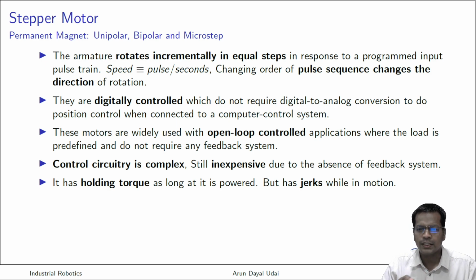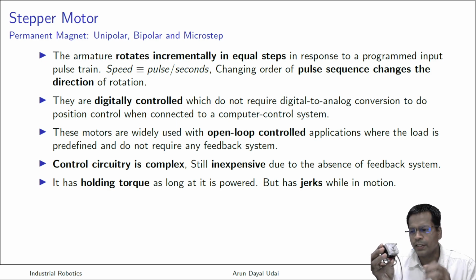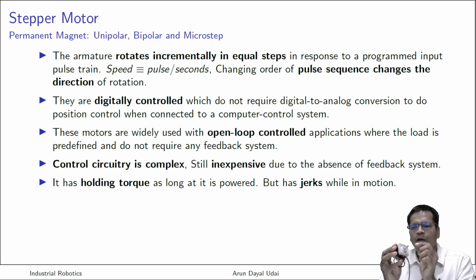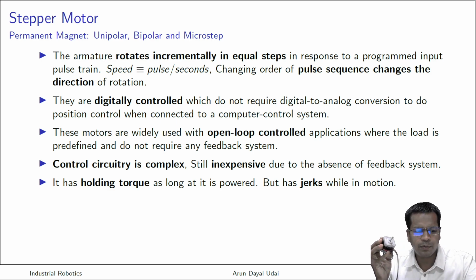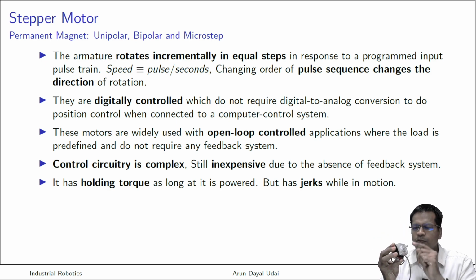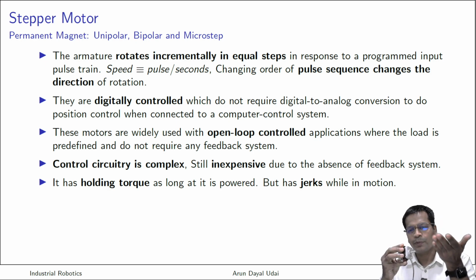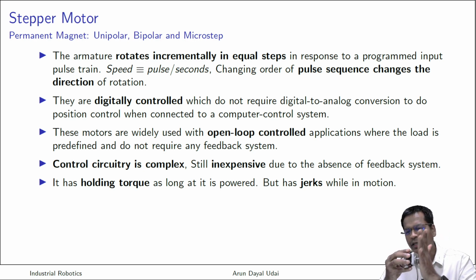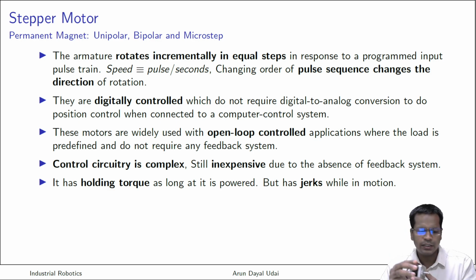But yes, with a gear reduction, let us say you have fitted a gearbox with something around 1 by 100 times reduction. If it is 1.2 degrees per step, it becomes 1.2 by 100 degrees per step, so it becomes very small.